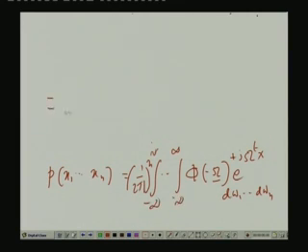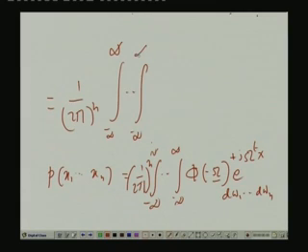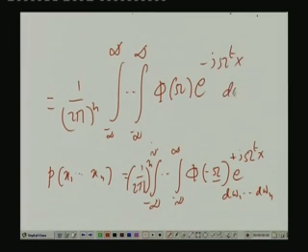So, this becomes nothing but, now my minus sign comes, omega transpose x, d omega 1 dot dot dot d omega n.